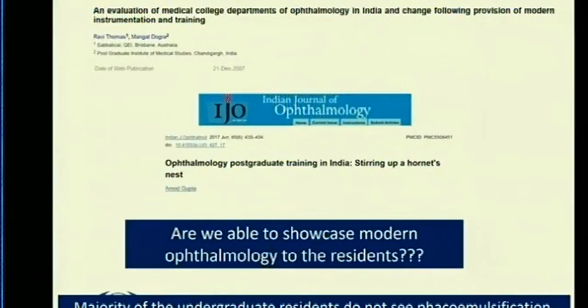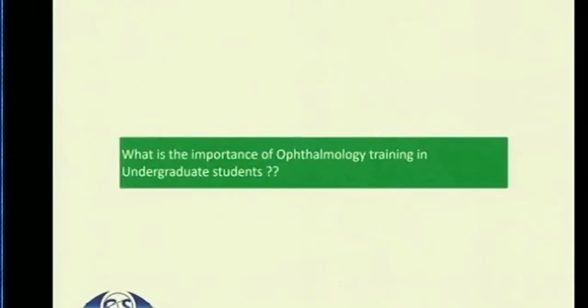Do they know where ophthalmology is going? And are they able to take this to the undergraduates? The majority of undergraduate residents do not see even a phacoemulsification system or lasers or modern diagnostic systems. So they get a very primitive kind of knowledge of what ophthalmology is, and often it does not enthuse them enough to make ophthalmology their choice.